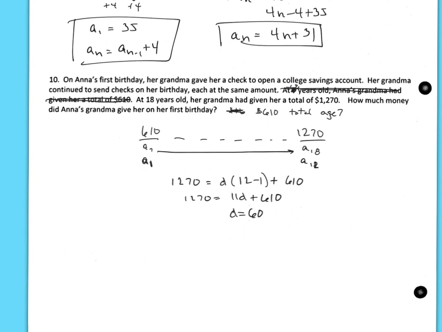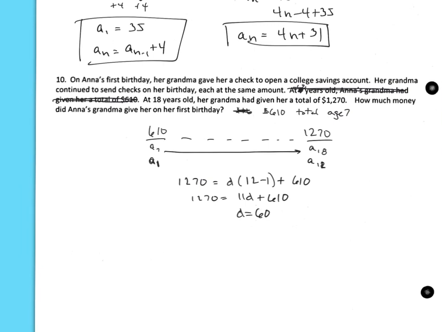Don't forget that the elementary school arithmetic still works. So if we have 610 here, this is a sub 7, a sub 6, we'd subtract 60, a sub 5, subtract 60, a sub 4, subtract 60, and we could just keep going until you get to $250 for that first term.